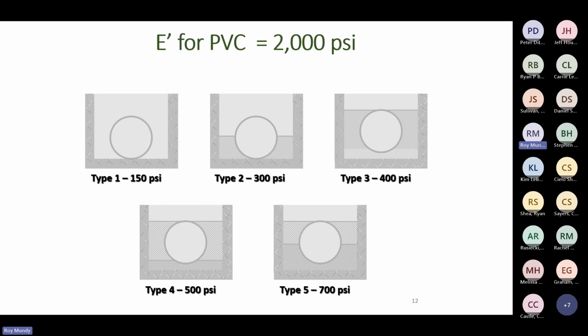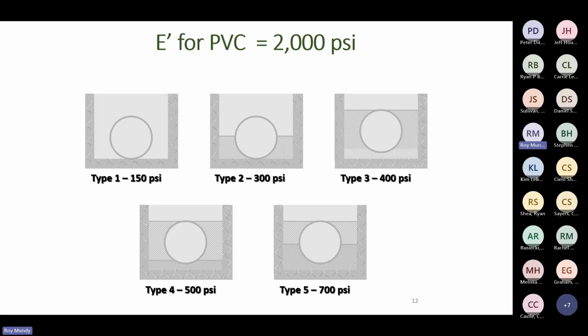If you look in that particular manual, you will see that there are 5 trench types identified in the M41 manual. Basically, type 1, type 2, type 3, type 4, type 5 trenches. And specifically in the manual, it goes pretty much in detail in terms of how each trench type is defined.